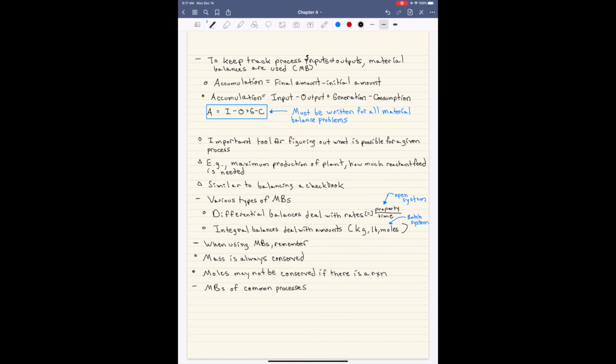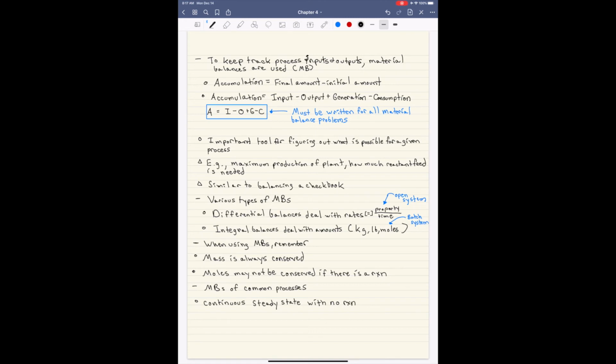Okay. The first type of process I'll discuss is a continuous, steady state process in which there's no reaction. Okay? Alright.